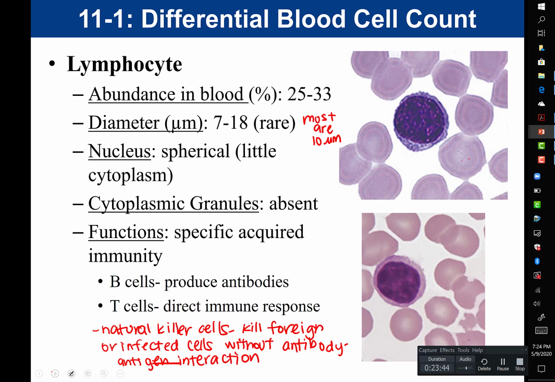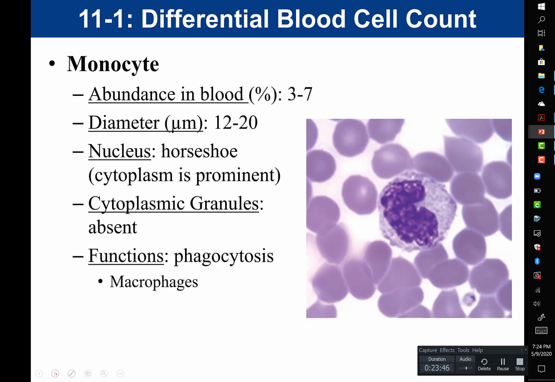So those are our lymphocytes. Next, we have our monocyte, the third most abundant. They are about 3 to 7% of the white blood cells. In terms of their diameter, these are about 12 to 20 micrometers in size. So these are the largest ones, very large in size.